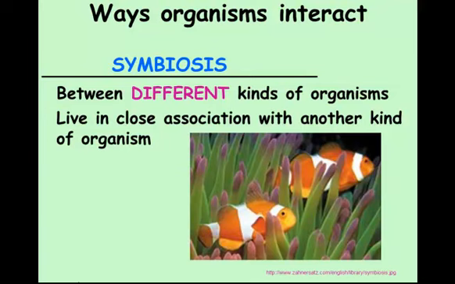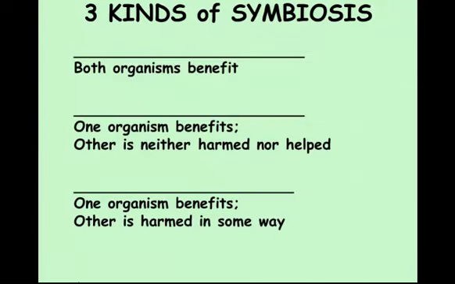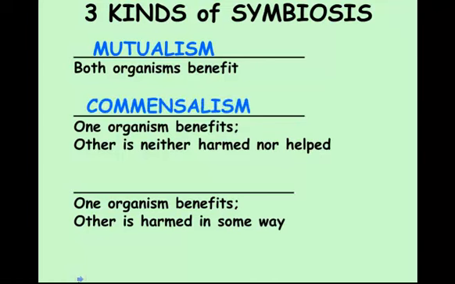Symbiosis has to do with two different organisms living in close association together, to the benefit of one of those partners. So, three kinds of symbiosis. One is called mutualism, mutually beneficial, where both organisms benefit. The second kind is called commensalism.